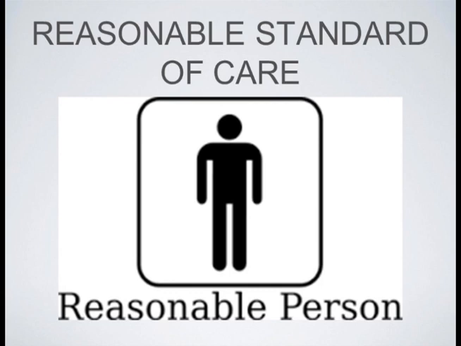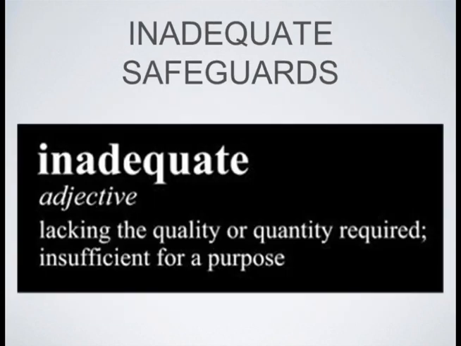And the main way that people go about trying to show negligence is they show you had inadequate safeguards to protect the data. You didn't have the computer secured with a password. You didn't redact the information. You didn't do all those things we talked about previously. And that was unreasonable under the circumstances. That was inadequate, and therefore you should be held responsible.